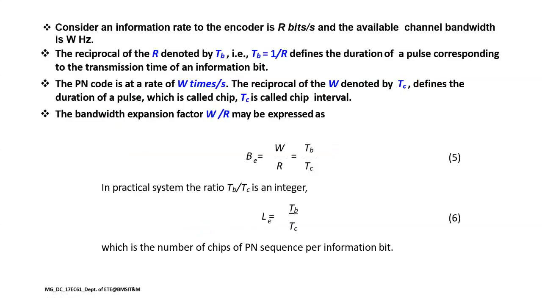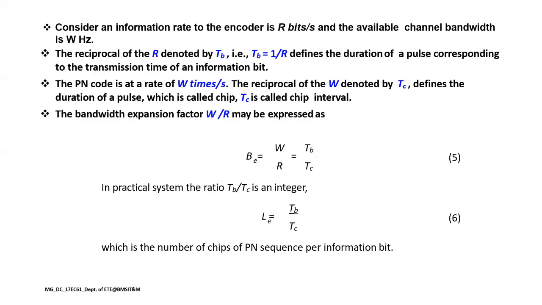So to say a little bit about direct sequence spread spectrum, as I said, the information rate to the encoder is R bits per second. The information rate at which I am applying to the channel encoder, I take as R bits per second. Then the available channel bandwidth, I will denote as W hertz.